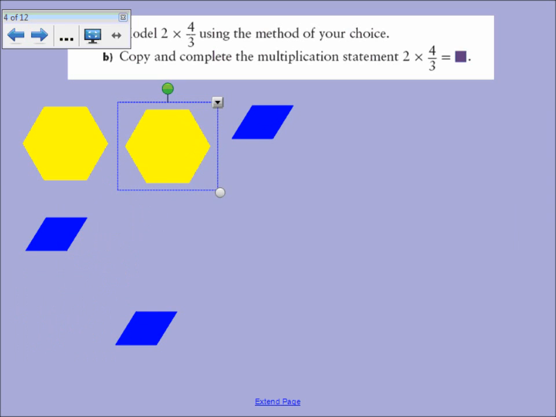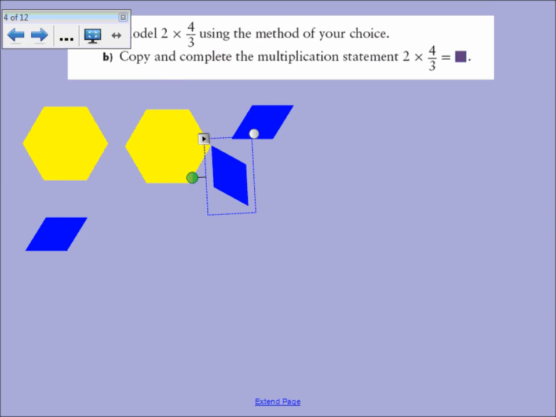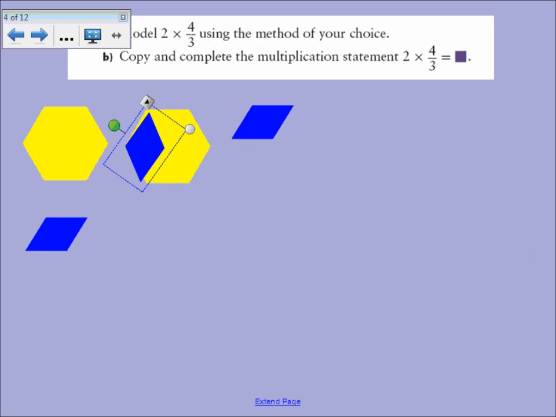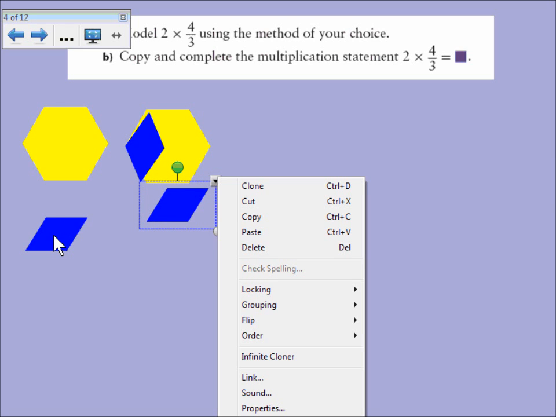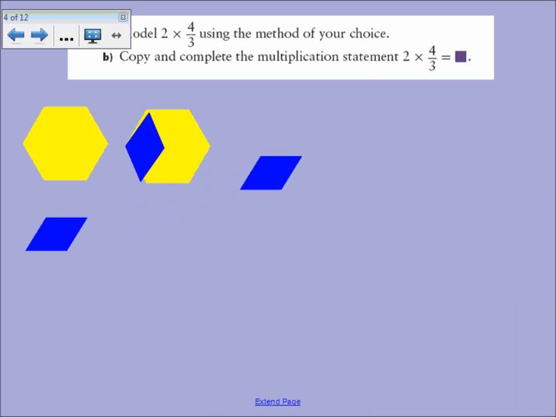2 hexagons plus, when we rotate this so you can see that it makes up the hexagon, plus, it equals 2 2/3 of a hexagon. So here's 1, here's 2, and there's 2/3 of a hexagon.